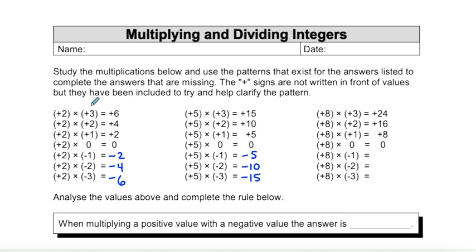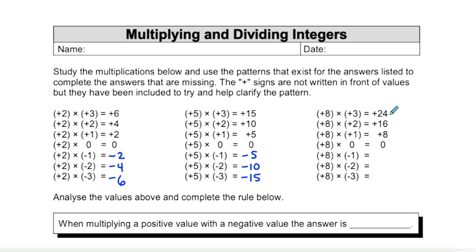So you'll notice when we multiplied two positive values together, they gave us a positive value. When we multiplied by 0, it gave us 0. And when we multiplied a positive value by a negative value, it gave us a negative value for both of these sets of multiplications.